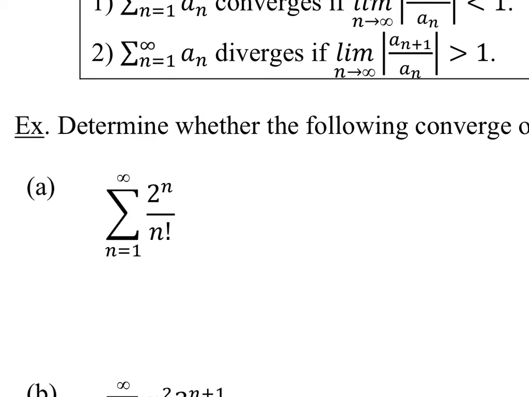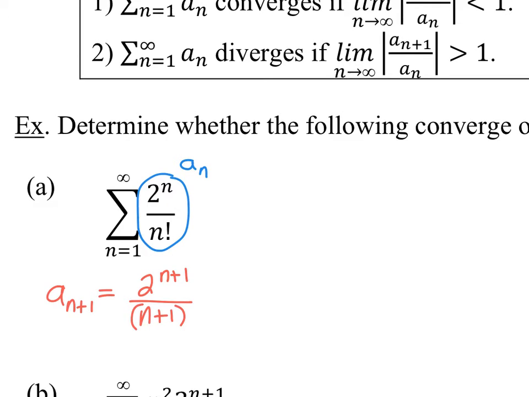All right, so let me make a note. This is my a sub n. A sub n plus 1 is just the next term in the series, really. So I'm just replacing all my n's with n plus 1s. So 2 to the n plus 1 over n plus 1 factorial. All right.